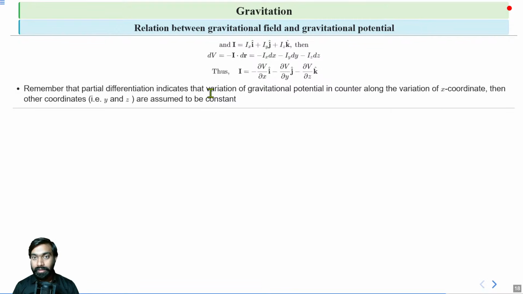Similarly, to find the y component of gravitational field intensity, we need to differentiate potential V with respect to y, assuming x and z as constant. And for the z coordinate, we need to differentiate potential V with respect to z, assuming x and y as constant.